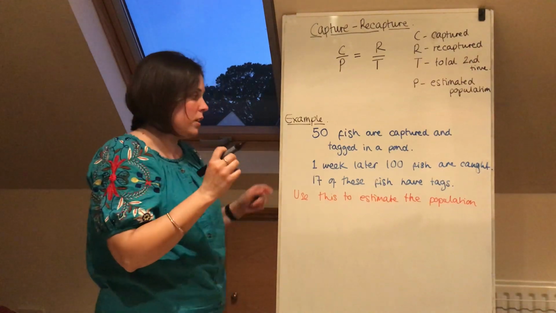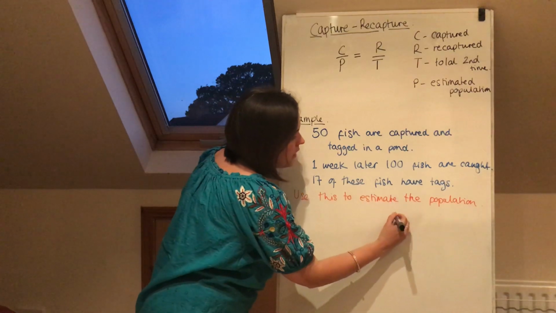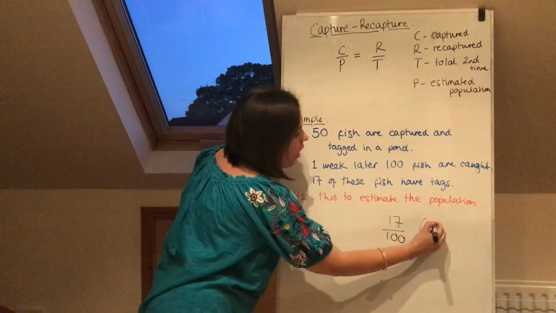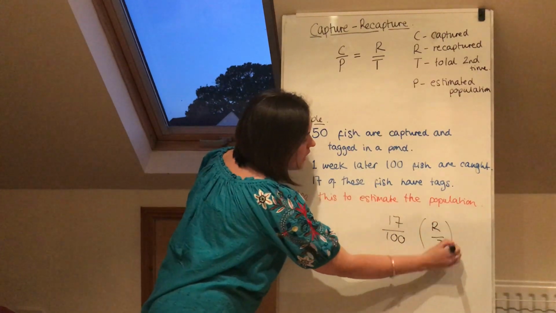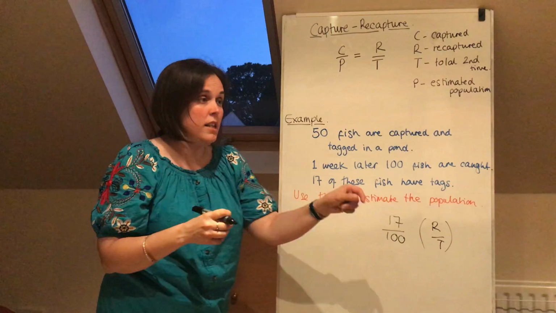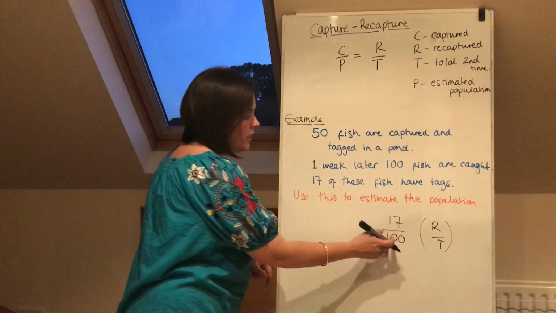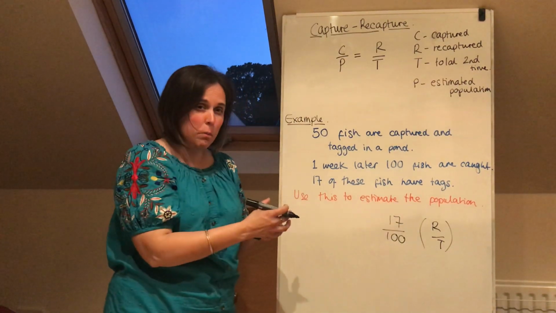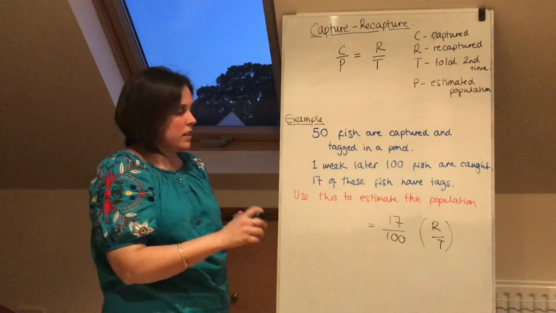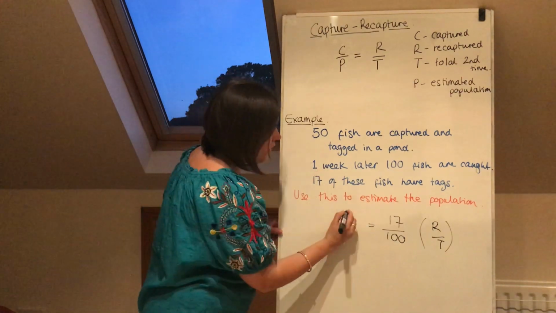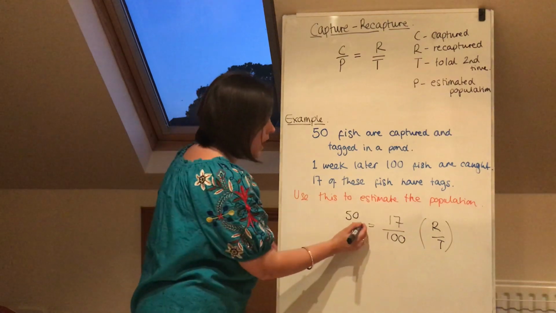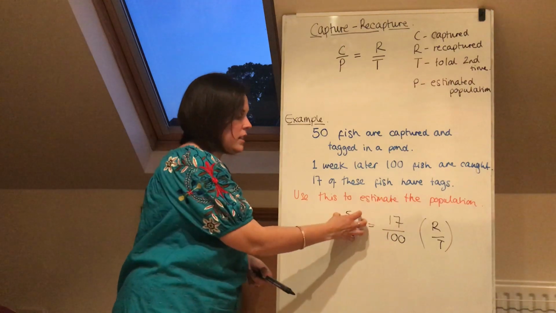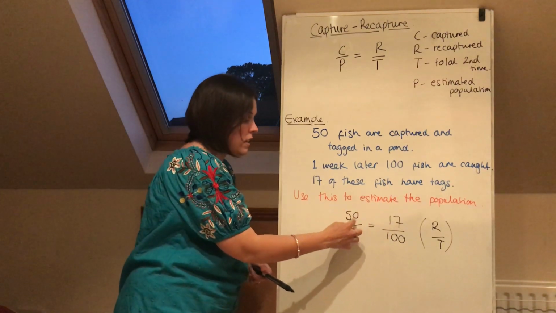The proportion that were tagged is 17 out of 100, and that part is your R in my formula over T. R being the recaptured, the fish that have been captured twice, and T is the number that were collected the second time. We're suggesting that that proportion is the same as the amount that were tagged in the first instance, which is 50, out of the total population.